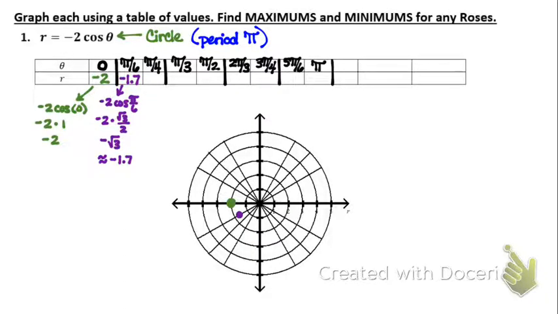All right. I'm going to substitute in pi over 4 now. So negative 2 cosine pi over 4. What's cosine of pi over 4? Cosine of pi over 4 is radical 2 over 2, so we're going to end up with negative radical 2, which you're absolutely correct, is negative 1.4, about.